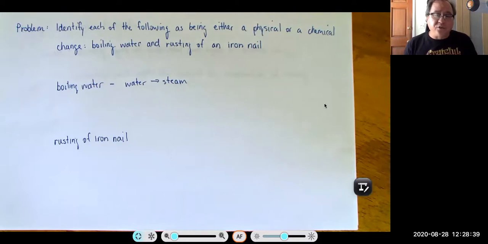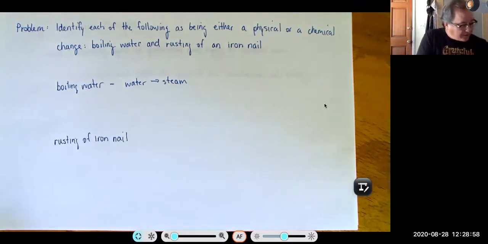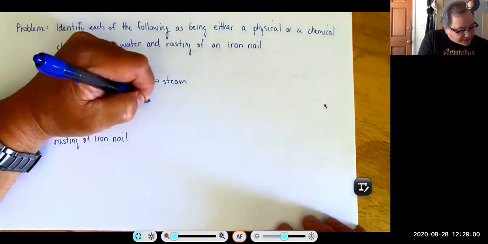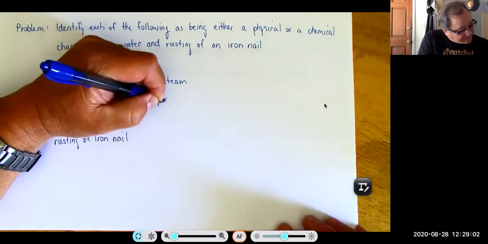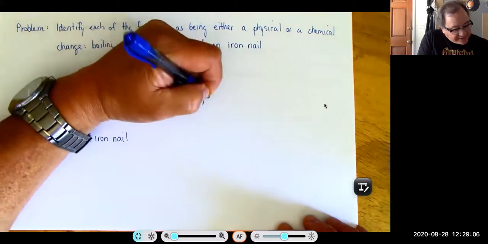But that's not true for all physical changes. For instance, if you have a tomato and you cut it in two, that's a physical change. Is it easy to reverse that process and reassemble the tomato? No, not so much, okay? But it's not a chemical change. So here, this is going to be a physical change. Fairly easy to reverse.